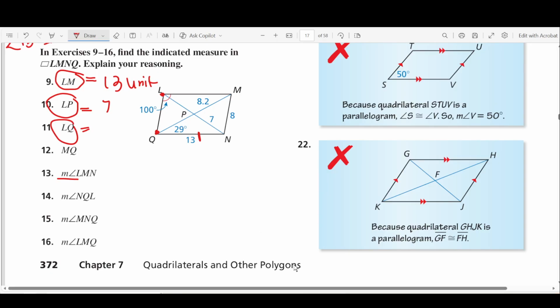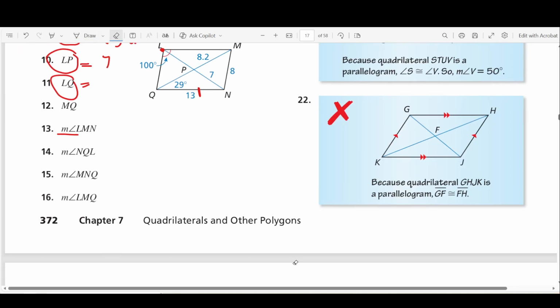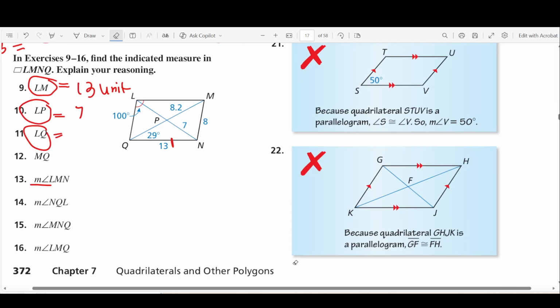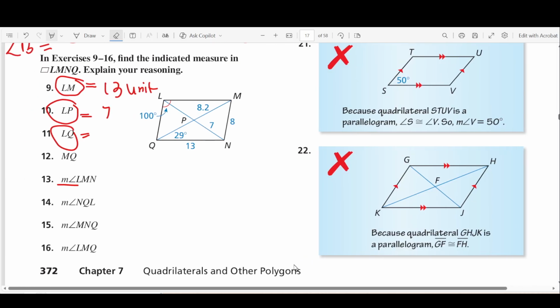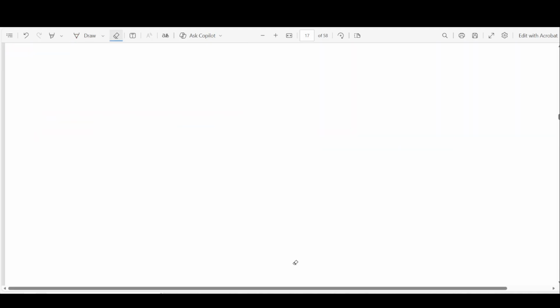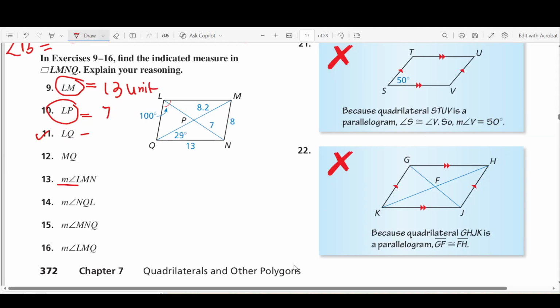Okay, fine. Tell me how much is LQ? Is LQ a line segment or angle? First, tell me this. LQ, number 11. Is LQ an angle or a line segment? Line segment.